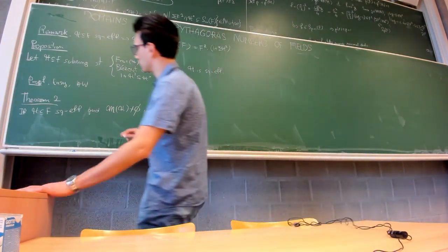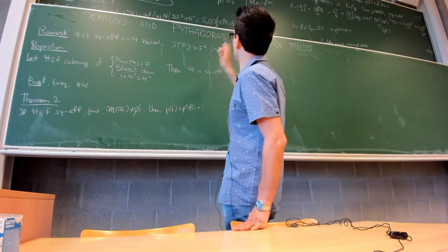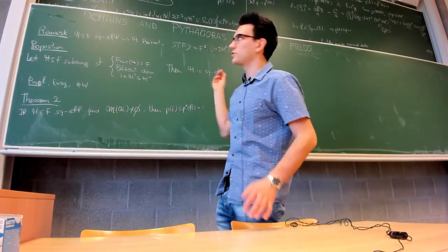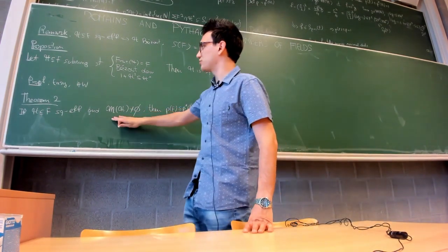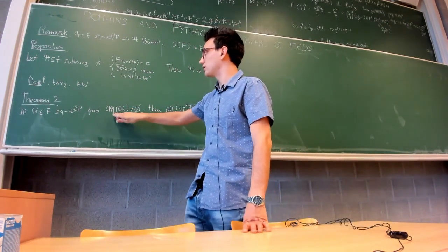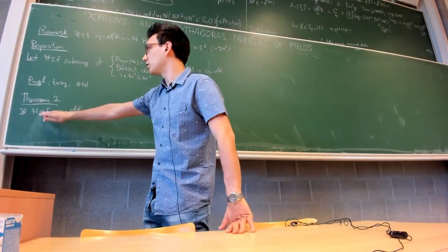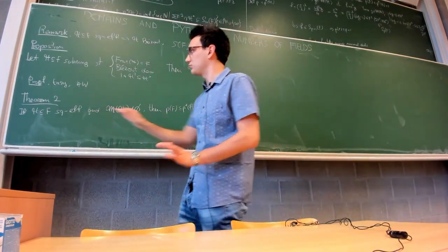So you can see before I was showing that all sums of squares are in square times MH. Now I just have to show that MH is non-empty, which is already better, and that H has nice properties.